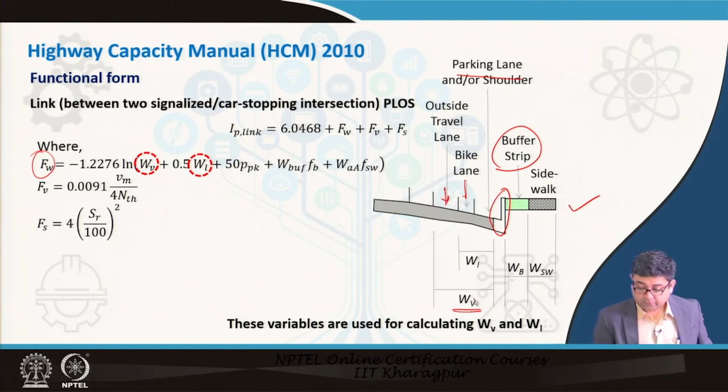So, this entire distance is called your Wv. If you want to only know the effective width of the bicycle lane and the shoulder, that is your WL. Okay. The PPK factor is the proportion of the lane that is covered by parking.